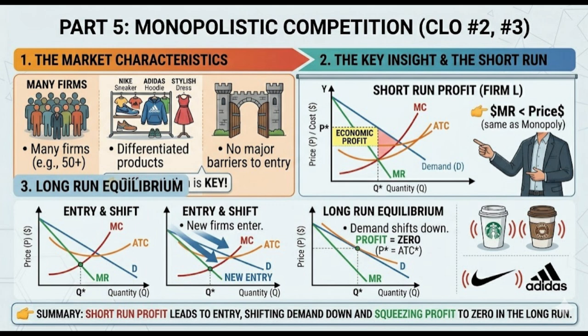In the long run, new firms enter, demand shifts down, and profit goes down to zero. For example, think of Starbucks versus local coffee shops, and also Nike versus Adidas. Think about these examples, how they are related to this.